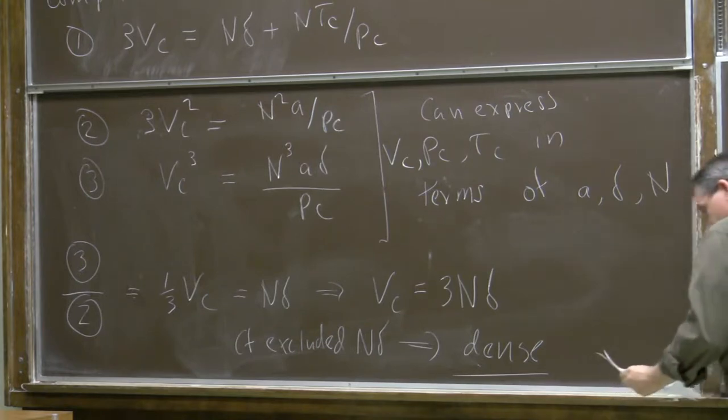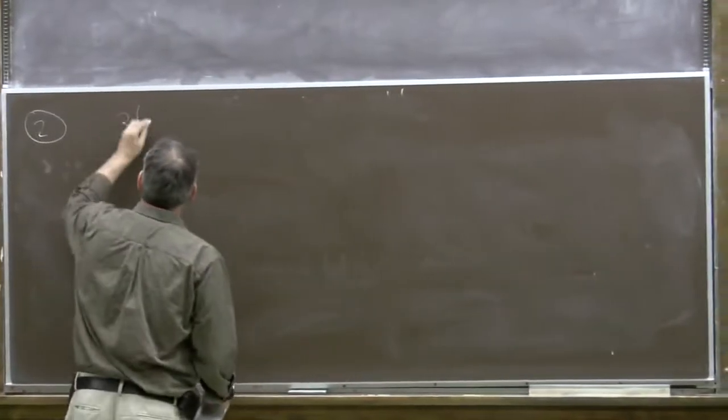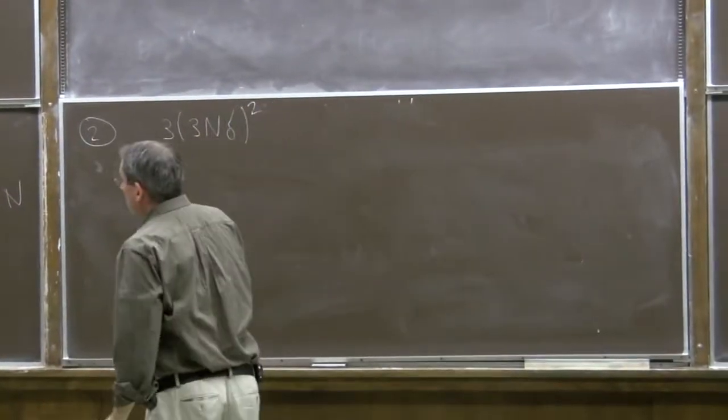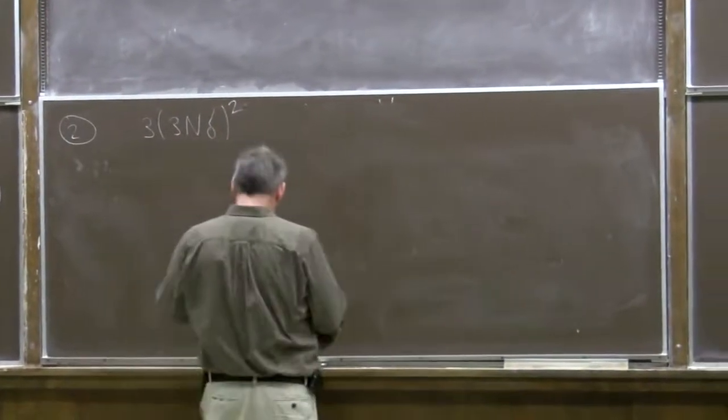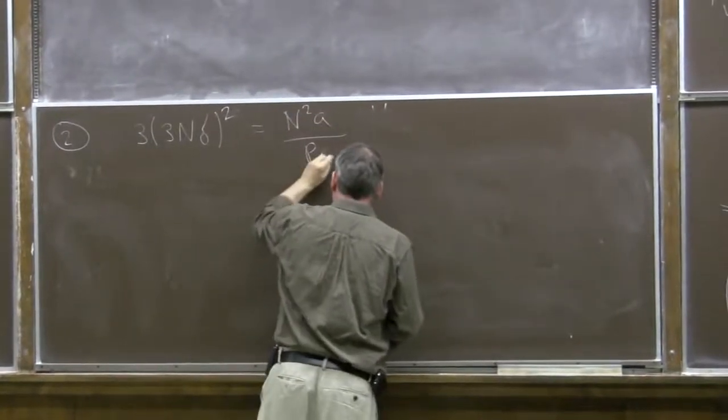Okay, so now if I want to find the critical pressure, we can come back to equation 2, but substitute what we've now found for V critical. So it's 3 times 3NB squared equals N squared A over critical pressure.